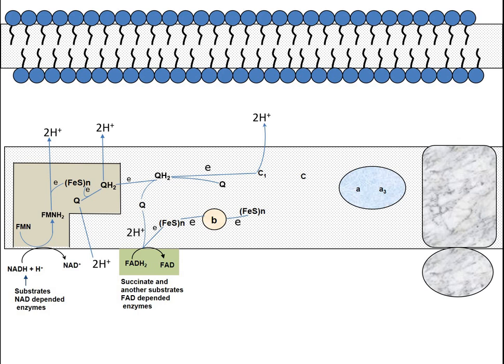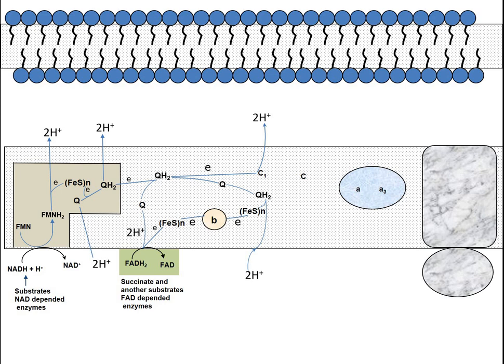After that, electrons from the third respiratory complex will be attracted by ubiquinol, and then 2 protons will be taken from the mitochondrial matrix.